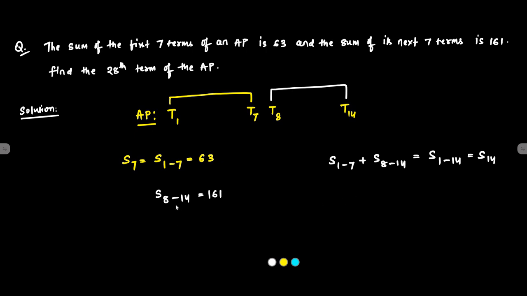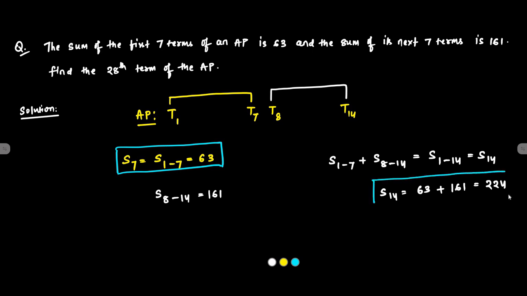S14 is equal to 63, that is S1 to S7, plus 161, S8 to S14, which is equal to 224. So these are the two important things. The sum of the first 7 terms is equal to 63 and the sum of the first 14 terms of the arithmetic progression is equal to 224.